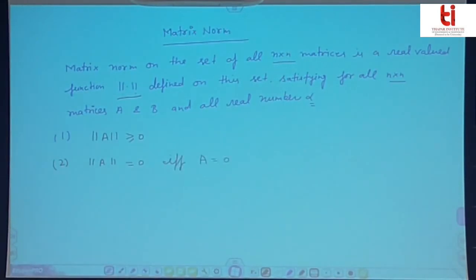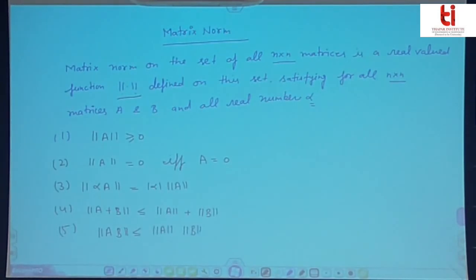So norm of A is 0 if and only if the matrix is 0. Number 3: norm of alpha A equal to mod of alpha times norm of A. It is similar to the vector norm. Fourth property: norm of A plus B is less than or equal to norm of A plus norm of B. It has one more property: norm of AB is less than or equal to norm of A into norm of B.